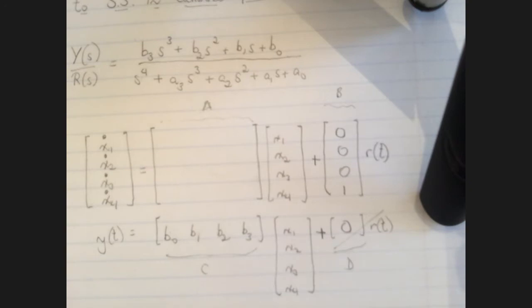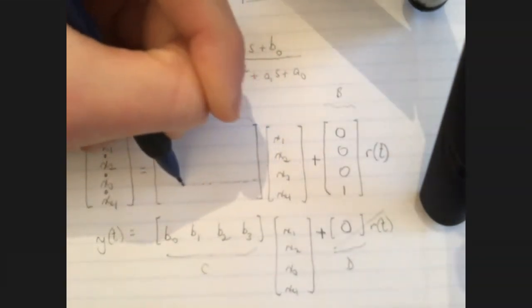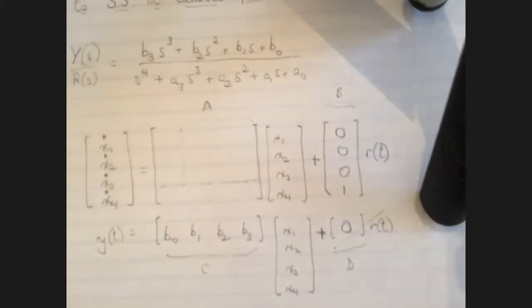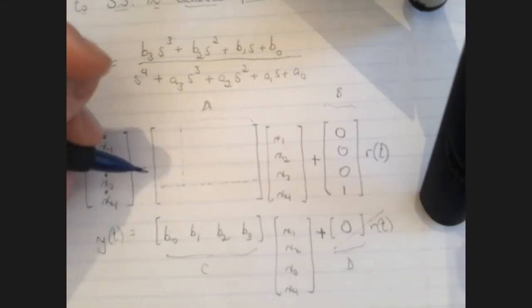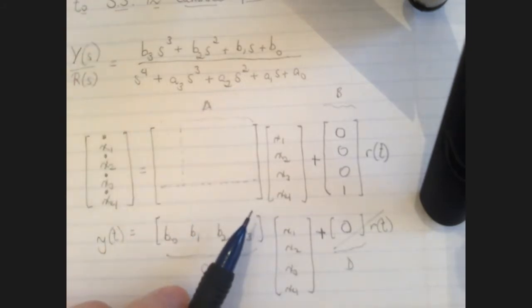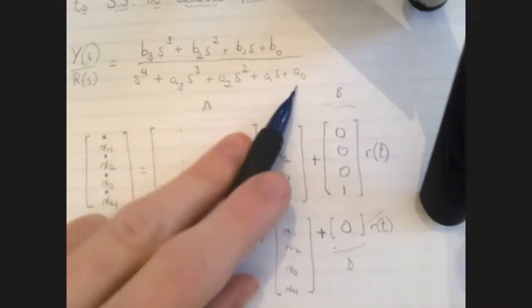And then finally, we are left with the A matrix. To build the A matrix, we're going to first block off that last row and then this first column. In this bottom row, I'm going to have the terms from my denominator, but they're going to show up with minus signs.